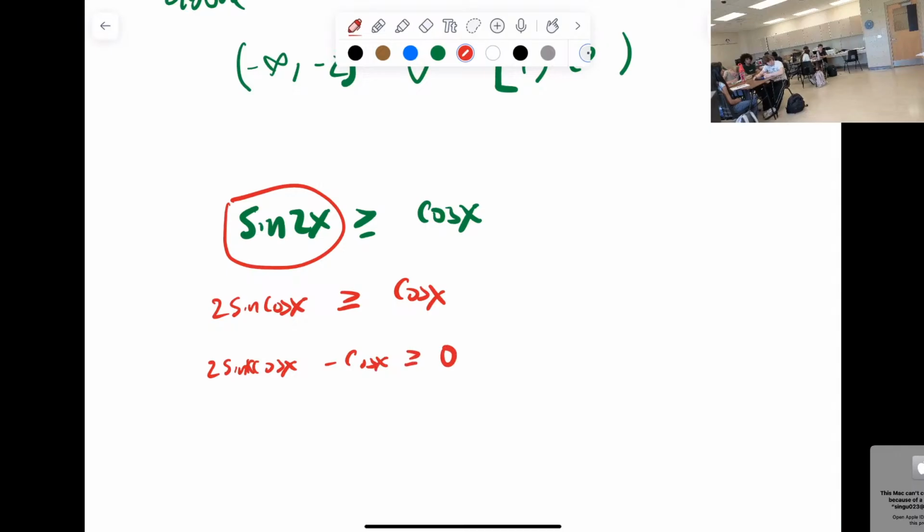Now, did anybody think about dividing by cosine on both sides? You were thinking about it? You cannot. Why can't you? Remember the question x to the 3 equal to x. If I divide by x on both sides, I get rid of one answer. And if I square root both sides, I get one answer.